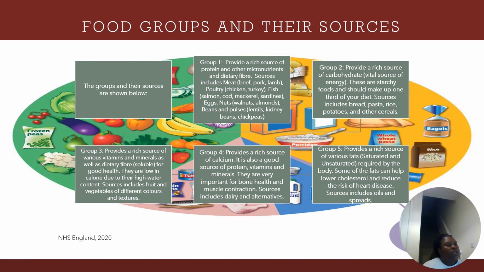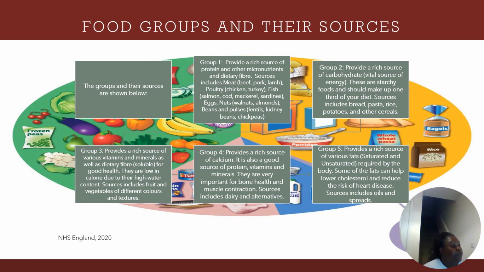The second one is group two, which provides a rich source of carbohydrate, and their sources include bread, pasta, rice, potatoes, and other cereals. Group 3 provides a rich source of various vitamins, minerals, as well as dietary fiber. And these sources include fruits and vegetables of different colors and textures.